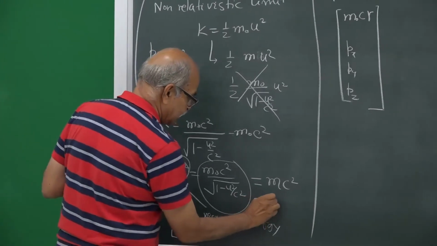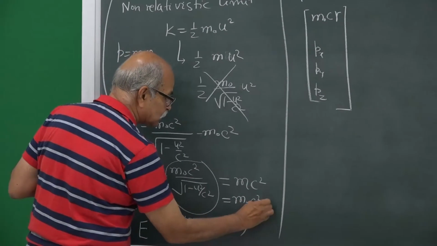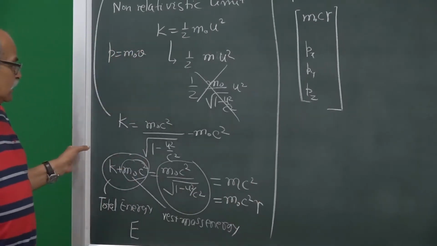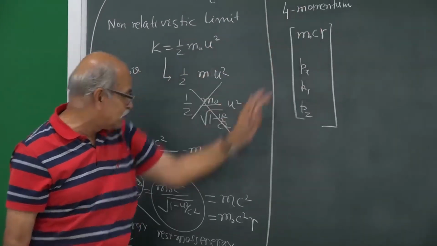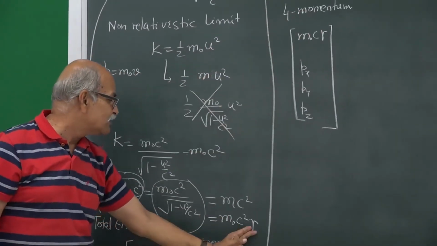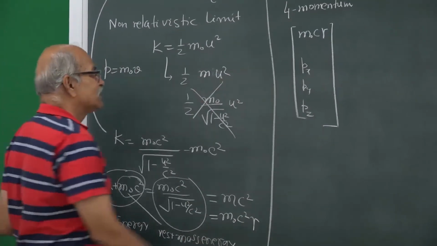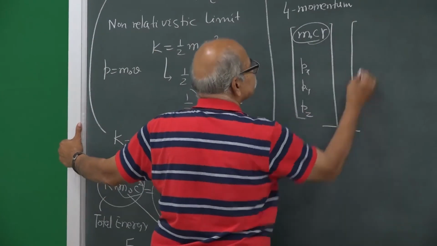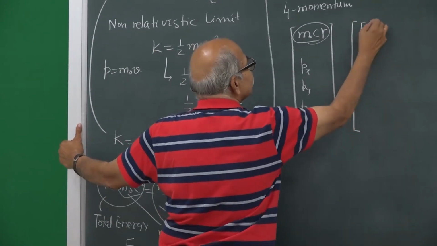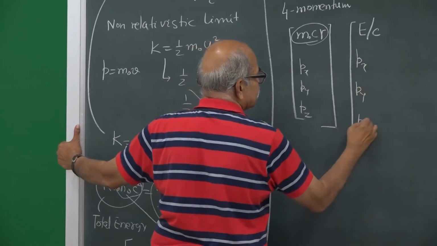This is m naught c square and this is gamma. And here the 0th component is m naught c gamma. So, m naught c square gamma here, m naught c gamma here. So, it is nothing but capital E by c, total energy by c, px, py, pz.